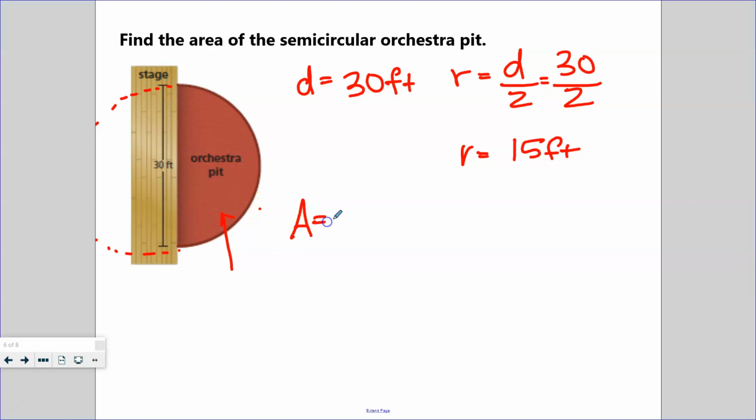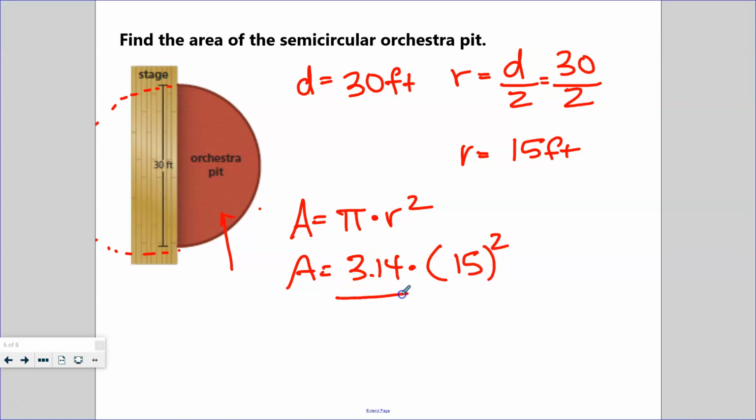So we'll say area equals pi times r squared. So area equals 3.14 times 15 squared, and then we're going to divide that by 2. We divide by 2 because it's half of a circle.